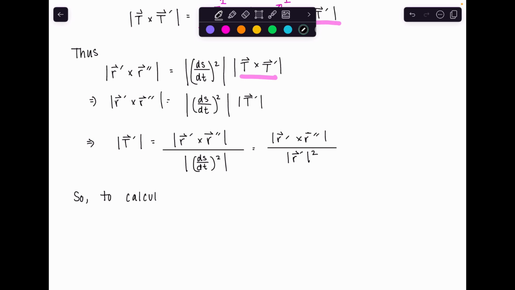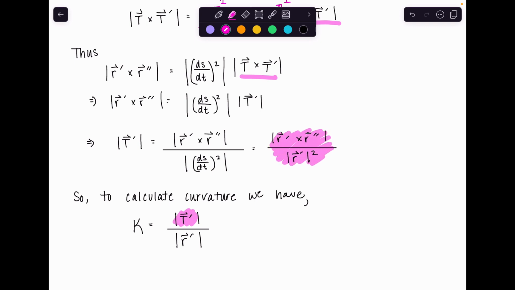So to calculate curvature, we have one of two ways. Curvature is found by doing the magnitude of the derivative of the unit tangent vector over the magnitude of r prime. But we just figured out this is exactly the magnitude of r prime cross r double prime over the magnitude of r prime squared.